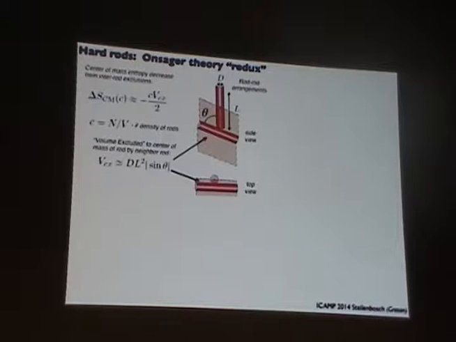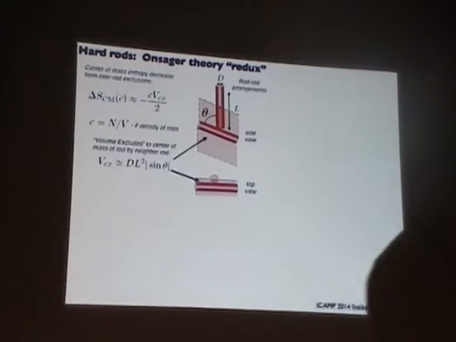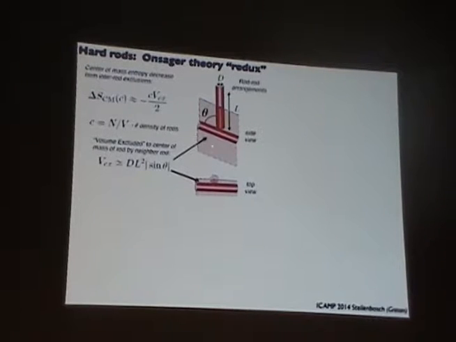At low densities, the non-ideal gas of rods has some corrections due to the center of mass placement of the second rod due to the exclusion of the hard core of this first rod. The correction you would calculate from the virial expansion in statistical mechanics. It goes as the concentration of rods times the excluded volume of the other rod. This is the reduction of the phase space that's available to this rod due to the presence of this other rod.